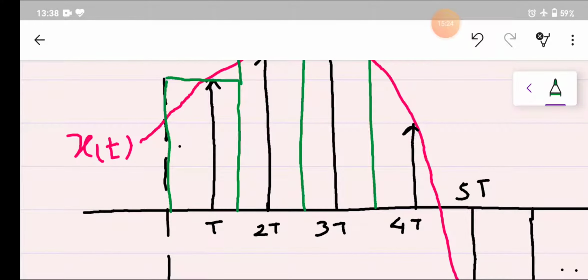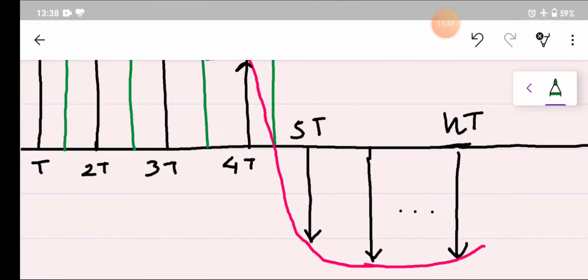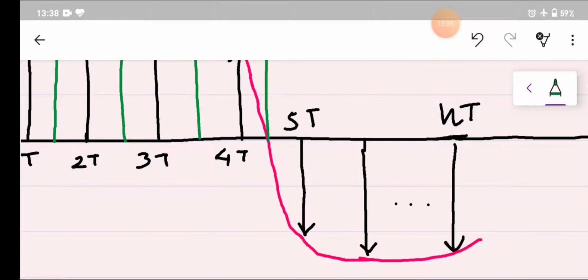Then we will have a gate pulse like this. After that, for the next sample we will have another gate pulse which is like this.